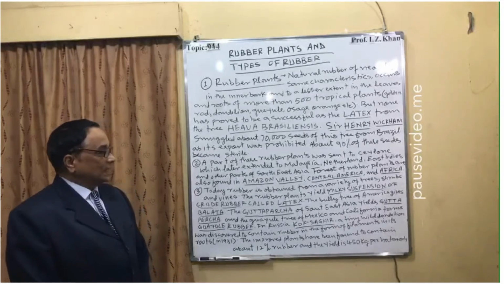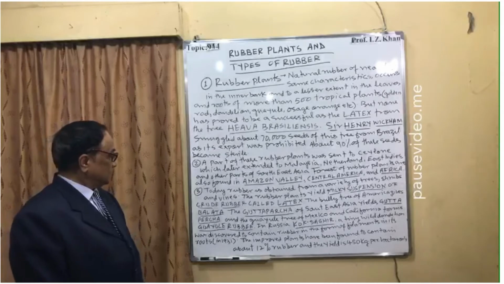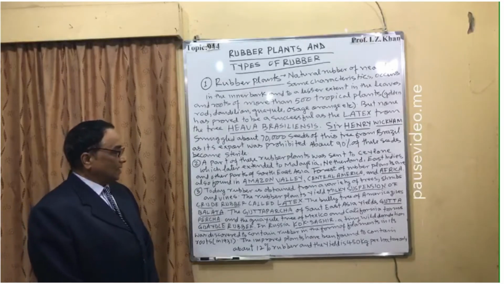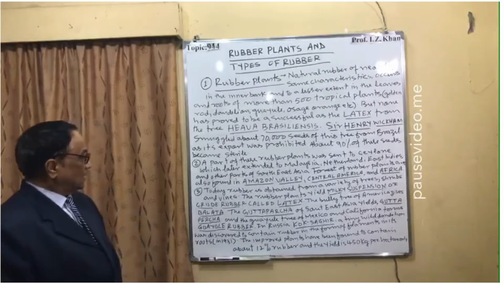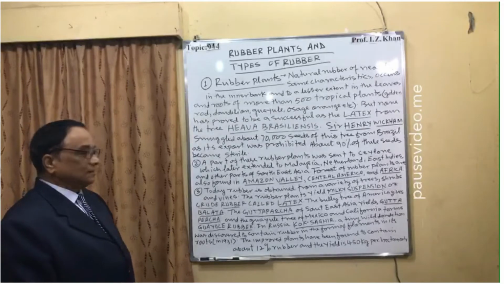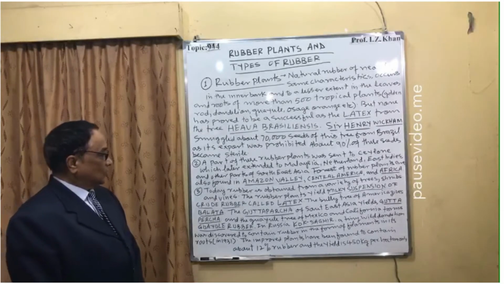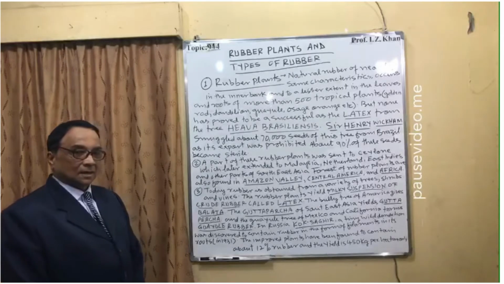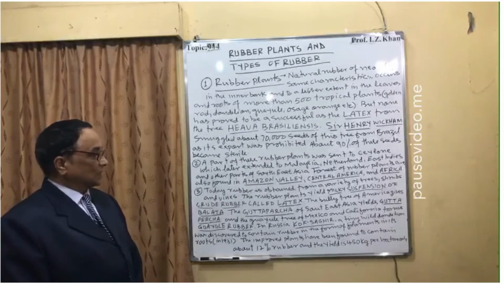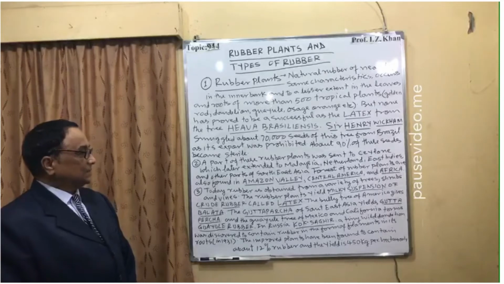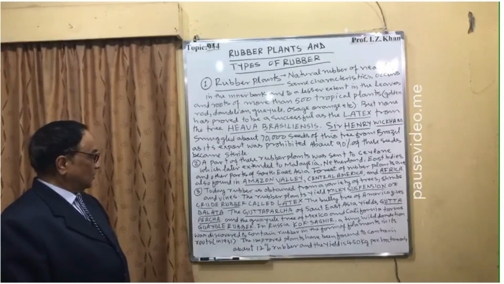And the bully tree of America gives crude rubber called balata, and the gutta percha, a rubber plant of Southeast Asia, gives gutta balata.